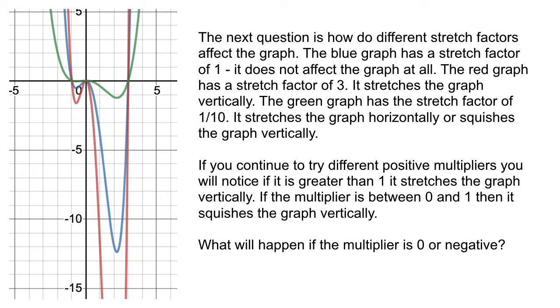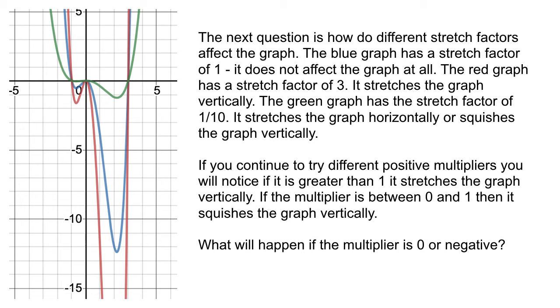If you look at this set of graphs, the blue graph has a multiplier of 1, and the red graph, which we multiplied by 3, has a stretch factor of 3, and you can see that the y values have been stretched, or it's vertically stretched. In the green graph our multiplier or stretch factor is 1/10, a fraction, and you can see it squishes that graph, and the y values are compressed.